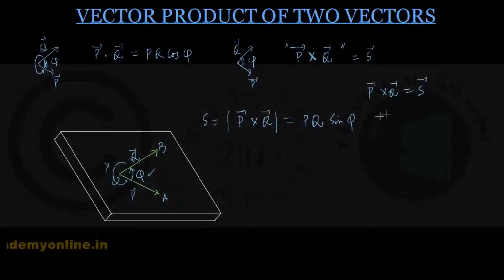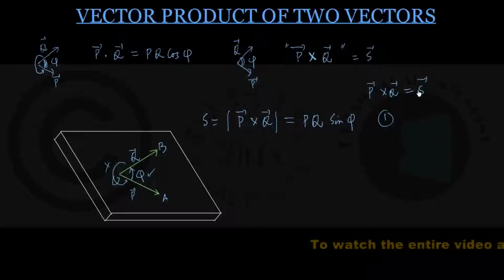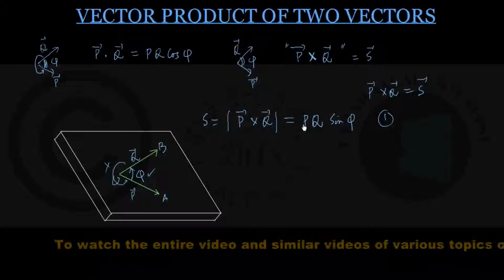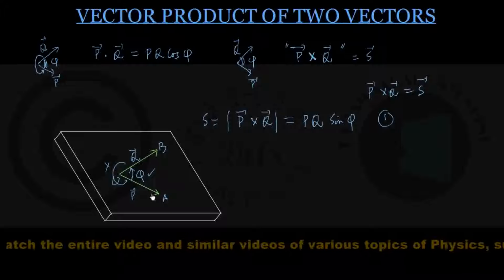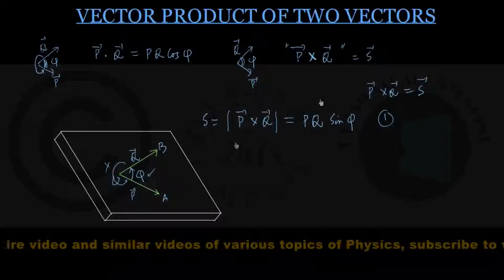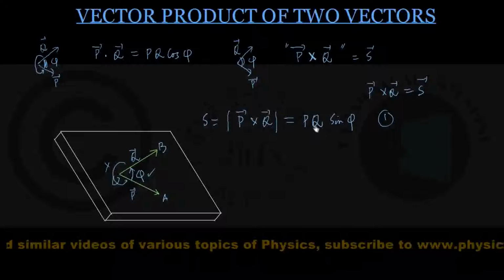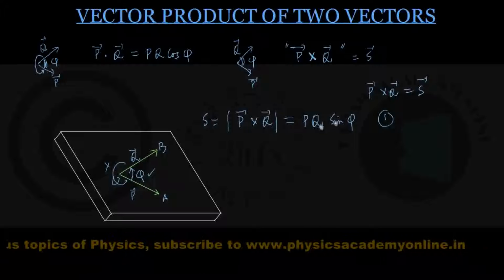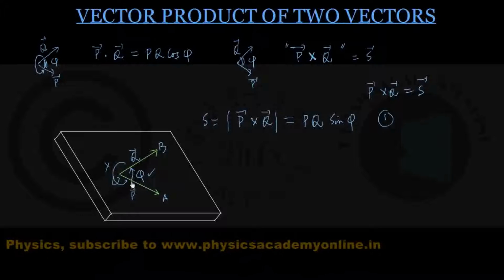Now this is my question number 1, and I can see the figure once again and try to understand once again as a repeat of what I said. The P cross Q is defined to be a vector S whose magnitude S is given by the modulus value of P cross Q, that's given by the magnitude of vector P, that is the length OA here, magnitude of vector Q, that is the length OB here, multiplied by sine of the smaller angle between the P and Q vectors.